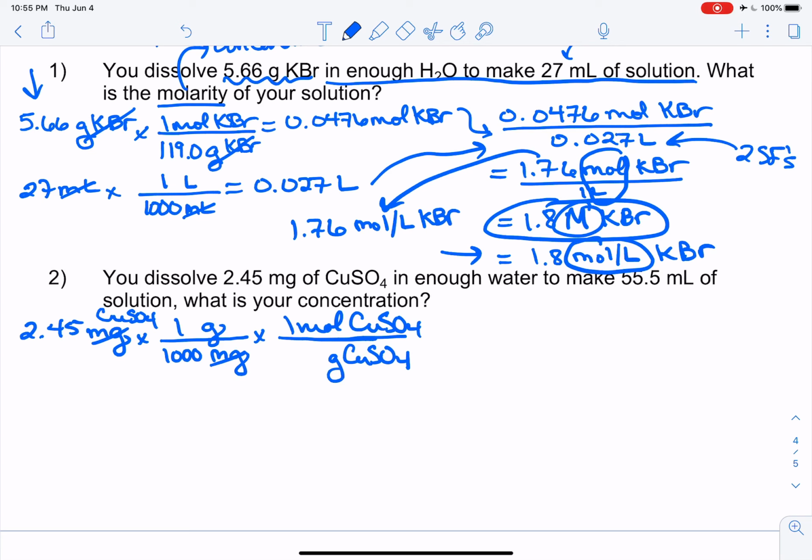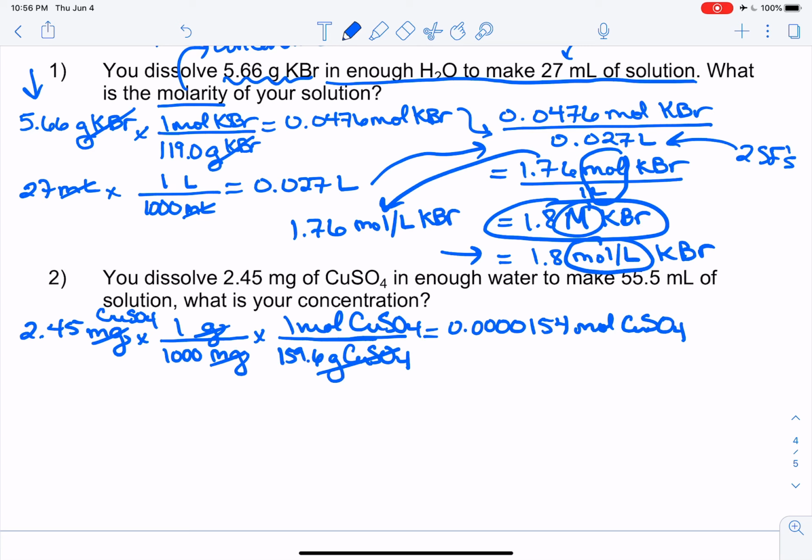I've got 4 oxygens, so 15.999 times 4 plus whatever sulfur weighs plus whatever copper weighs. And what we're going to get on that one is 159.6. And then we're going to do the calculation on that, and we're going to get 0.0000, so that's 4 zeros, 154 moles of copper 2 sulfate.